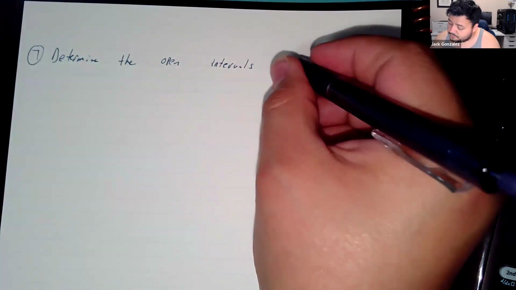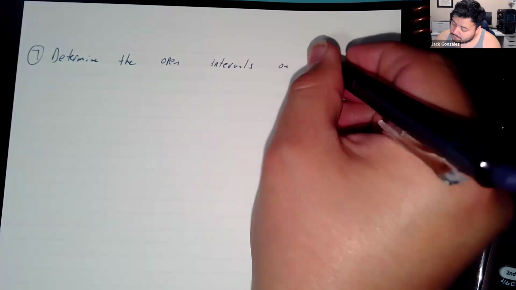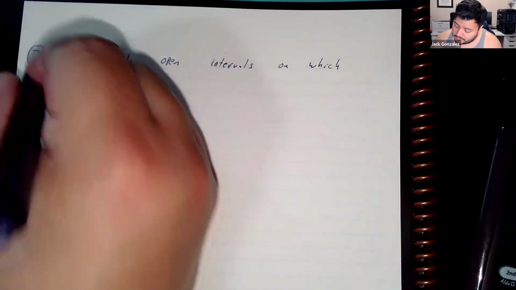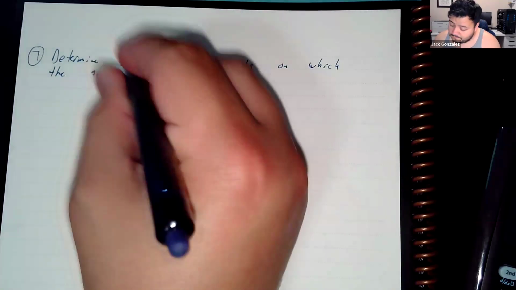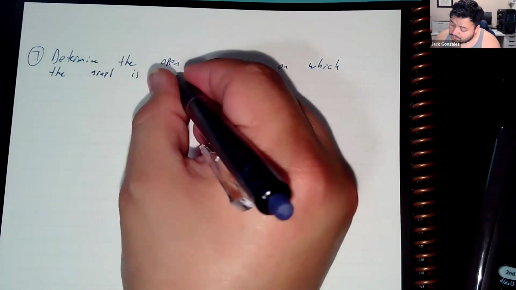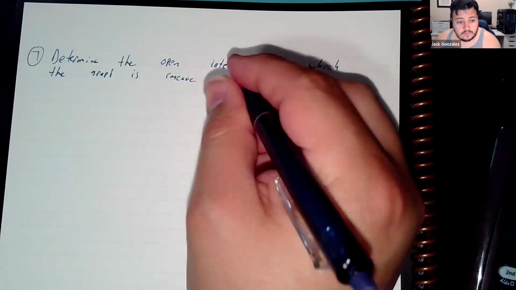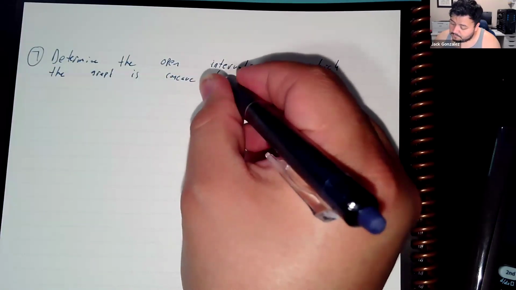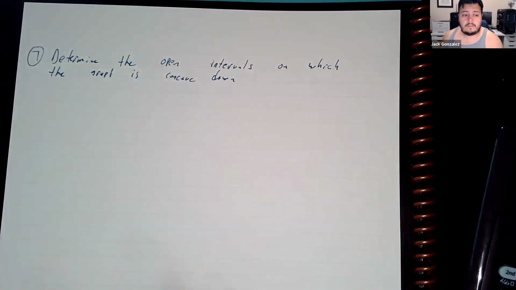Determine the open intervals on which the graph is concave down. All right.